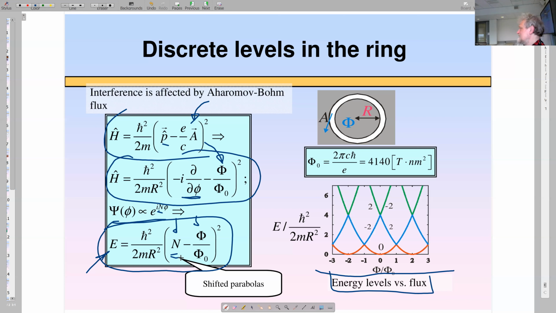Good. Now it's a quantum question, not for this course, but for your standard quantum mechanical course. This discrete number, it's called... There are multiple names for this.